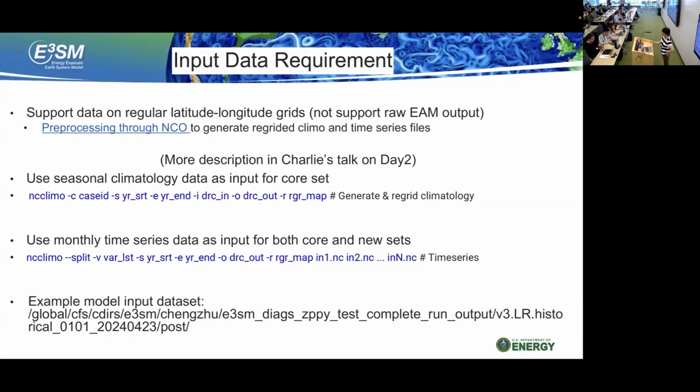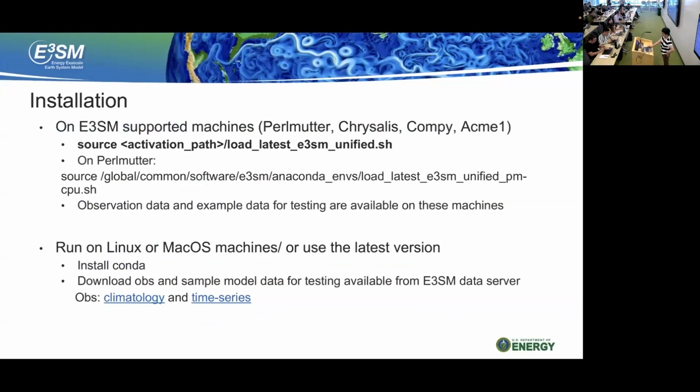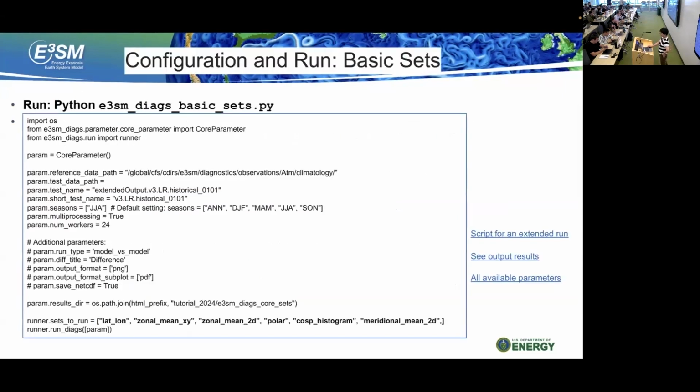I just put some pseudo code here. And so for installation, you don't need to worry about it now because you can access the package from E3SM Unified. But at your home institution, you just need to install the packages through Conda or grab data from our data server for observational data sets.